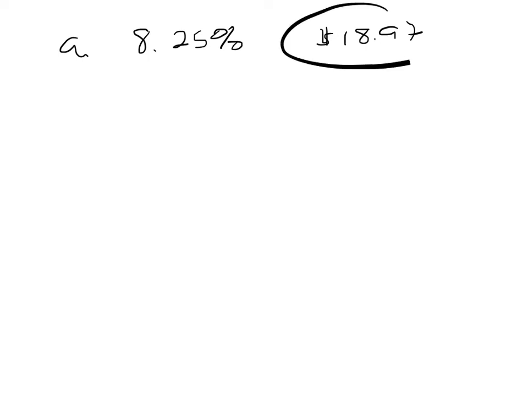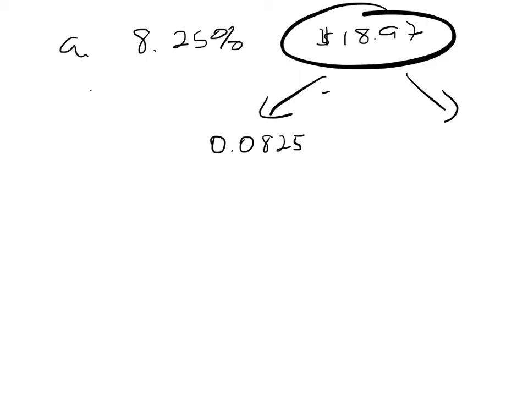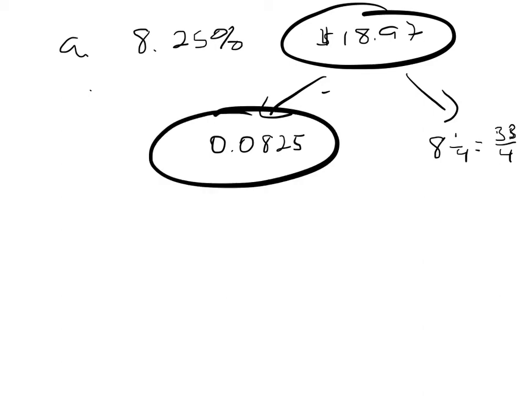So I'm going to be taking that $18.97 and I can multiply it 2 different ways. I can multiply it by a decimal, 0.825, or I could multiply it by 8 1/4, which I would have to do as 33 over 4. 8 times 4 is 32 plus 1 more. I think I would rather do this one over here.